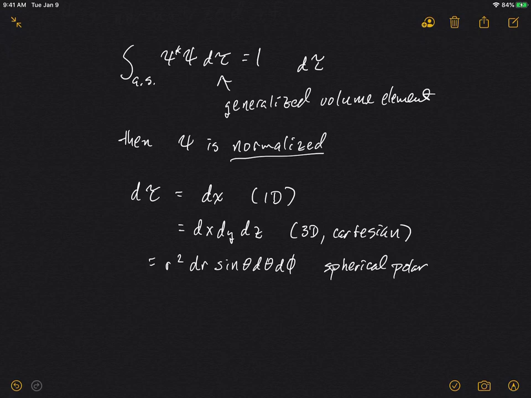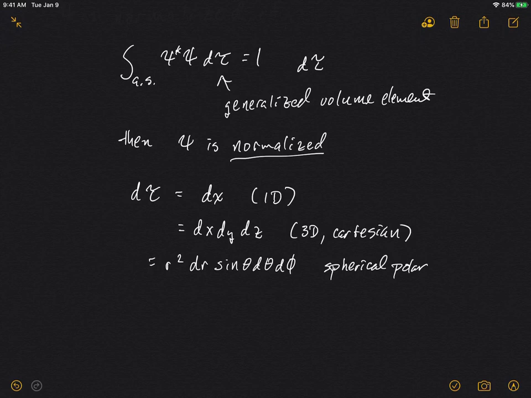And so this integral over all space will often be, say, a triple integral over all of the different dimensions. You have to integrate all of the various dimensions so that we get a scalar number as the result. And then we compare that to 1.